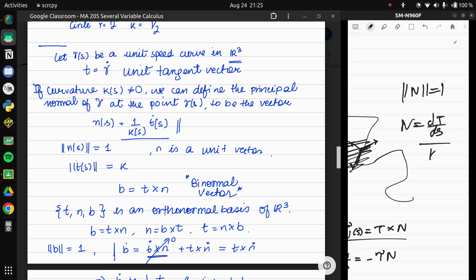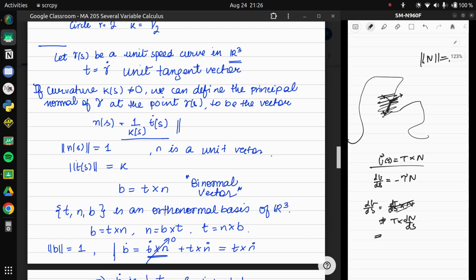So this upon the curvature, right? That's how you define a normal vector. Okay, so we define this guy's magnitude to be 1. The unit normal is what we call it. So then this stuff dn by ds will be necessarily perpendicular to n. Not hard to show.